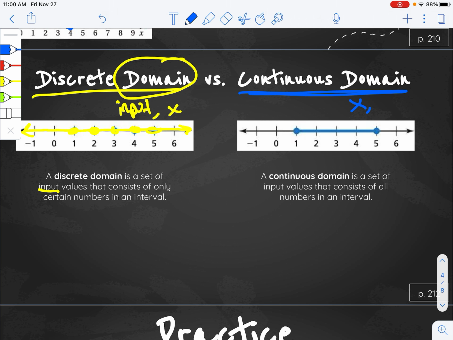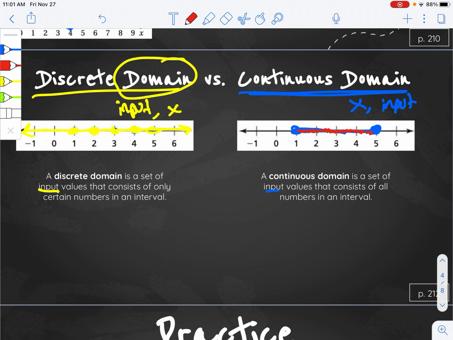Now a continuous domain, still talking about those x values or the input, is the set of all input values that consists of all numbers in the interval. So this is every number from 1 to 5. We could choose any little number in between here, and it would work for that domain. It would work for one of the x values.